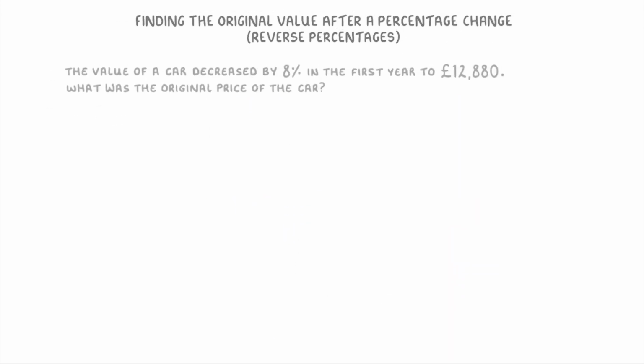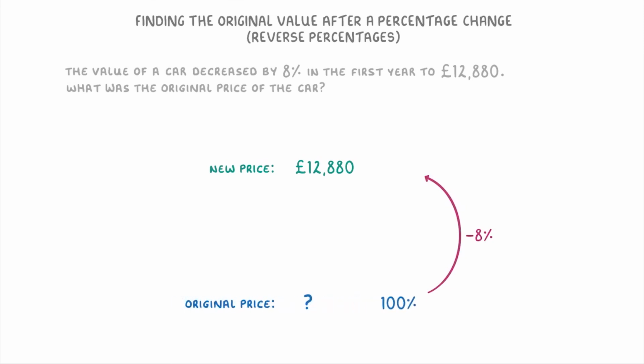Okay, so for this one, it says that the value of a car decreased by 8% in the first year to £12,880. What was the original price of the car? Well, this time, £12,880 is the new price, and we know that it's decreased by 8% from the original price, which we don't know the exact value of, but we can think of as 100%.